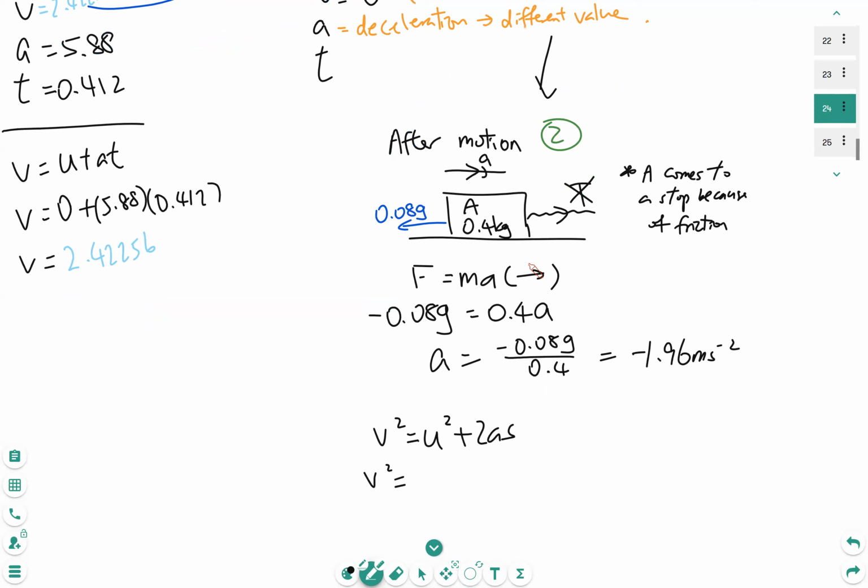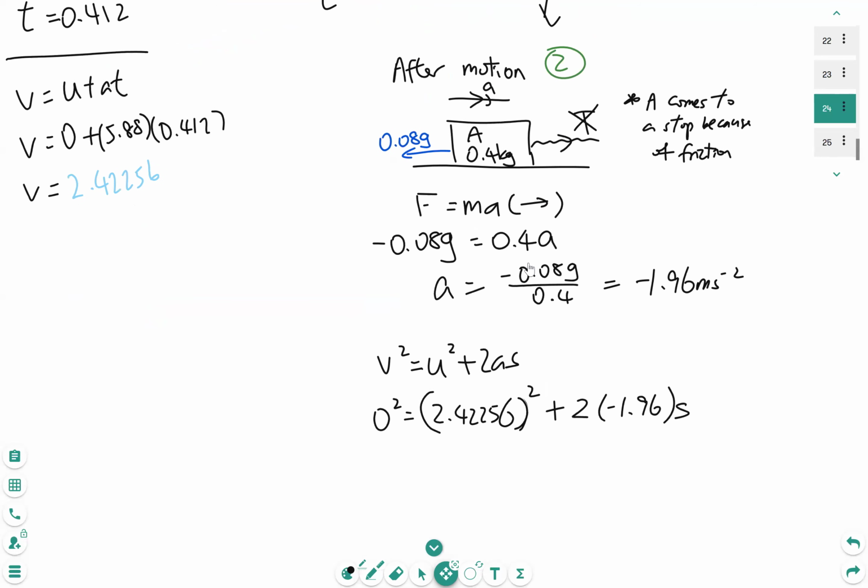We do know V is 0. So 0 squared equals 2.42256 squared plus 2 times negative 1.96 times S. Working out 2.42256 squared, 0 equals 5.86879 minus 3.92S.